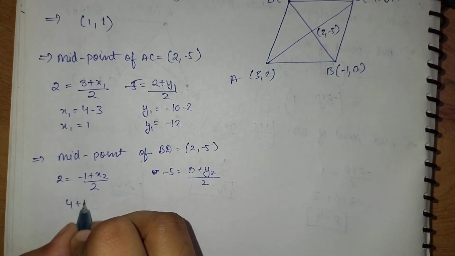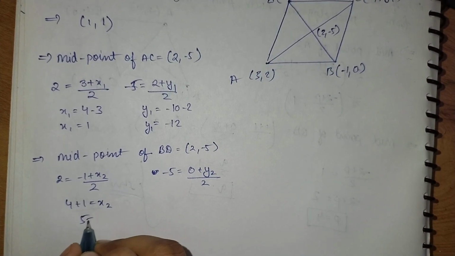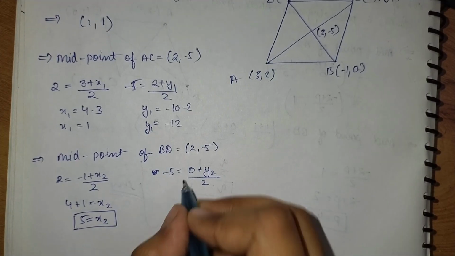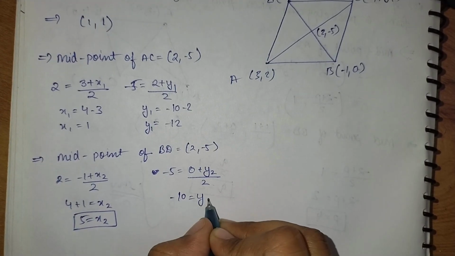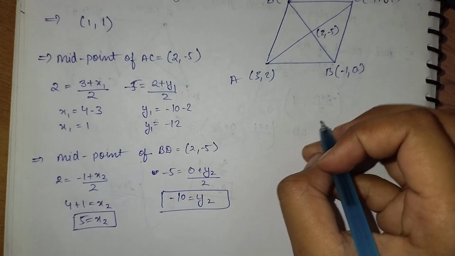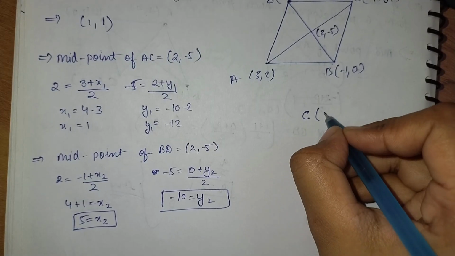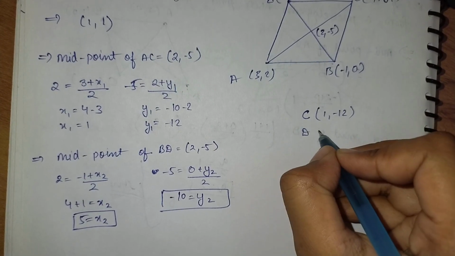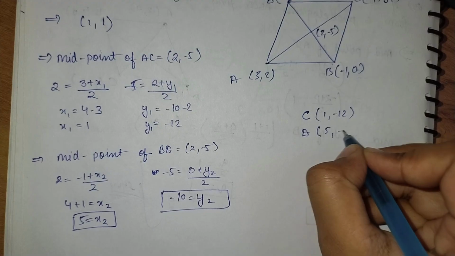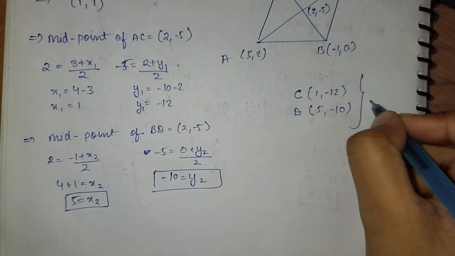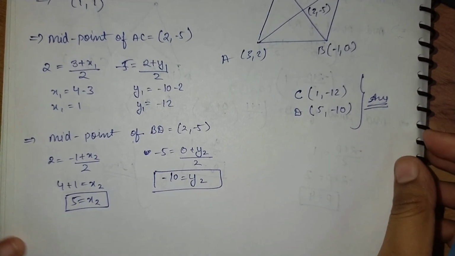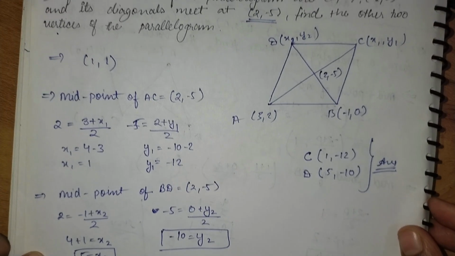Solving it, 4 plus 1 equal to x2, so x2 is 5, and minus 10 equal to y2. Hence point C is 1 comma minus 12 and point D is 5 comma minus 10. These are the coordinates of points C and D, and this is the solution of question number 21 here.